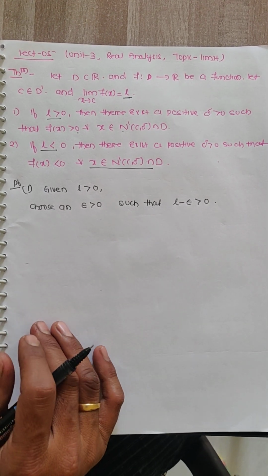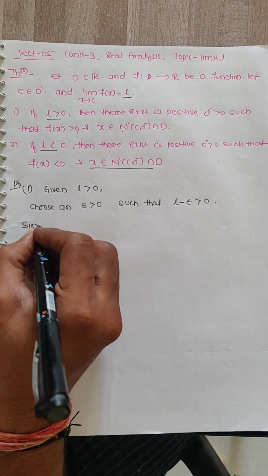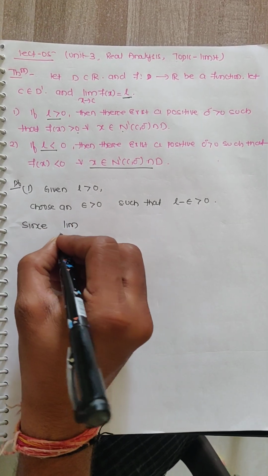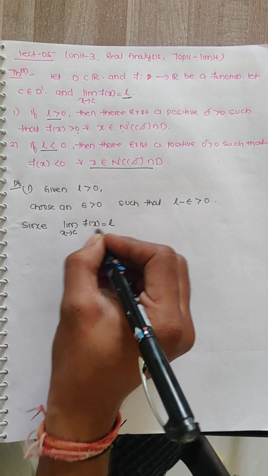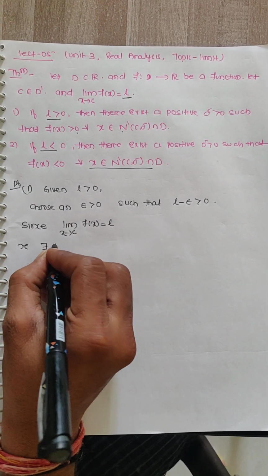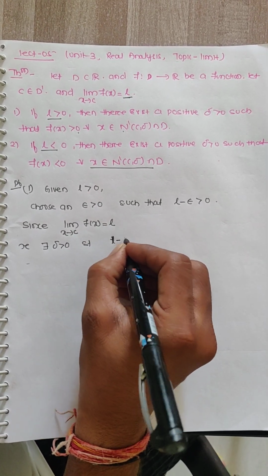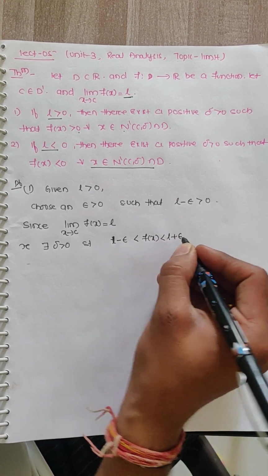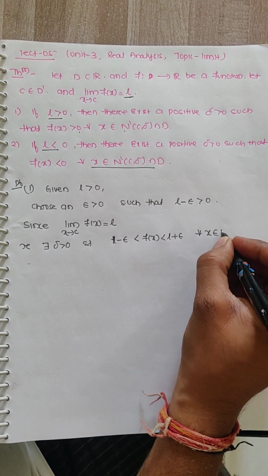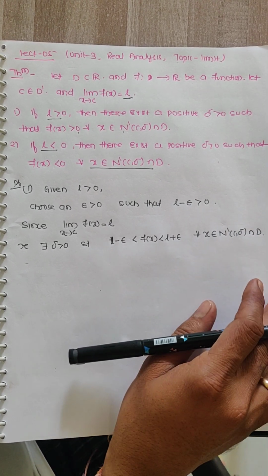Now, since the limit as x tends to c of f(x) is equal to L, there exists a delta positive such that f(x) lies between L minus epsilon and L plus epsilon for all x belonging to the deleted neighborhood of c intersection with D.